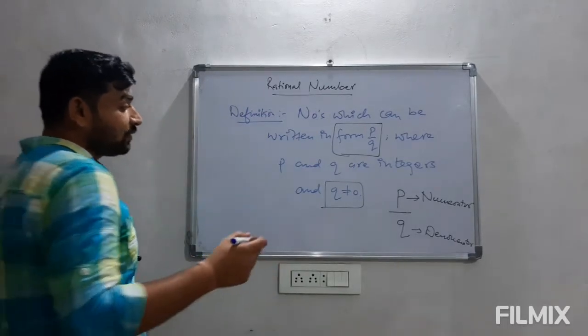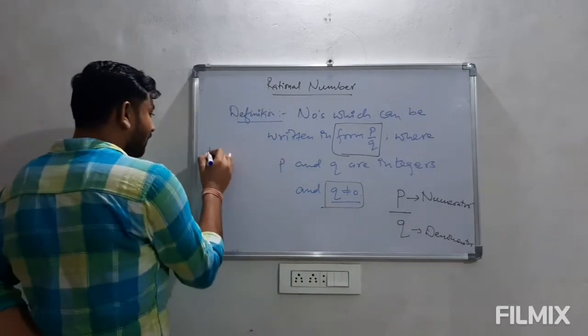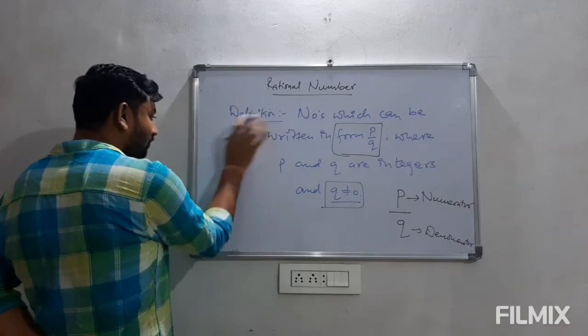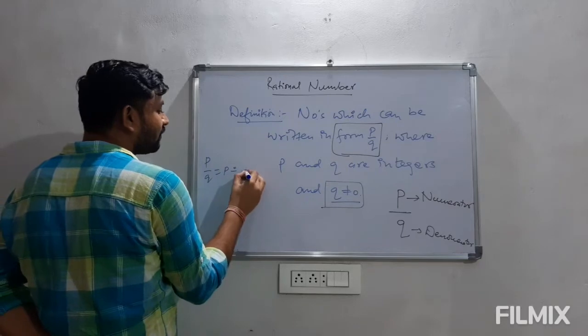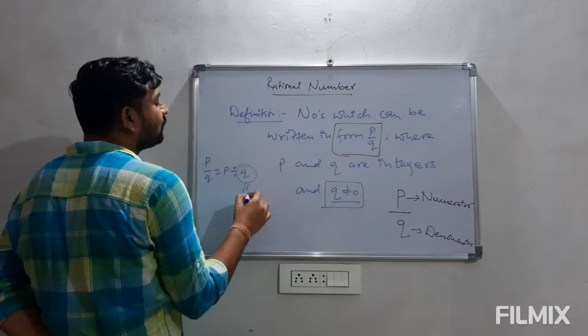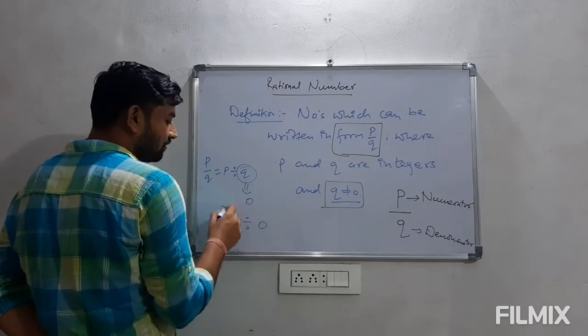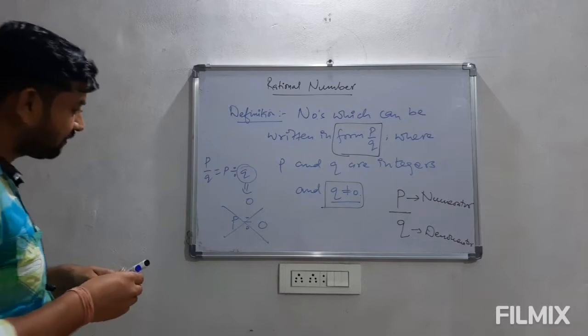Why we are writing q is not equal to 0 is really important. When I said we are writing p by q, it means p divided by q. Now if the value of q is 0, then we have to divide p by 0, which is not defined till now in mathematics.